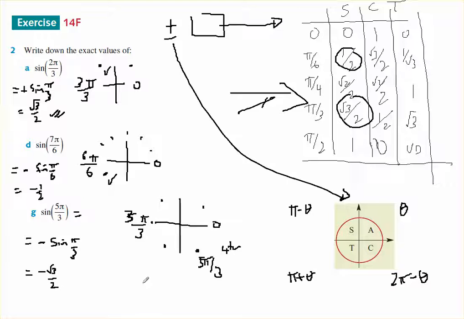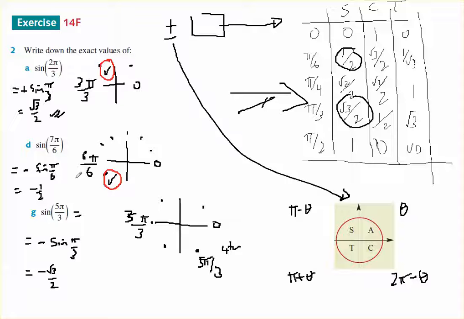So I've got a two-step process that I'm using to work out the sine, cos, or tan of angles that aren't in the first quadrant. I work out where the angles are. This first one was in the second quadrant. It was sine, so therefore it's positive. The second, the D, was in the third quadrant.